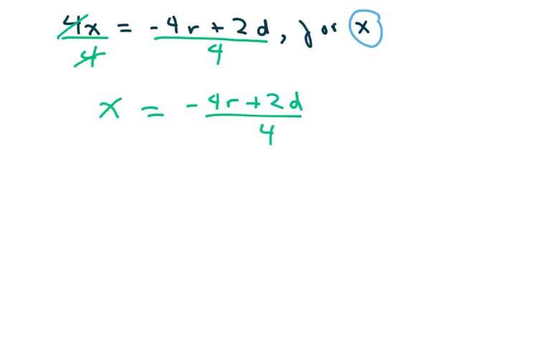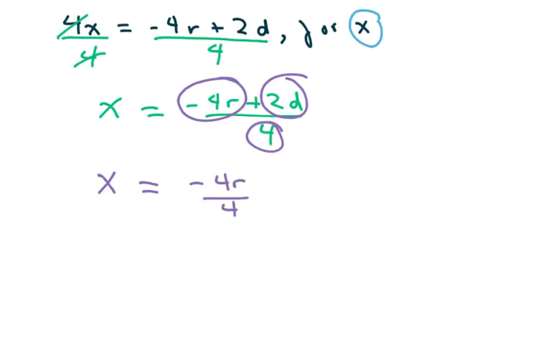Now, the way you can write this is I'm going to put this 4 under each piece, each term here, because we want to reduce that maybe. I don't know if you have to or not, but let's go ahead and put it under each piece. Now, what happens here is the 4's cancel, because that's 1, so you get negative r plus 2/4 can be reduced to 1/2.